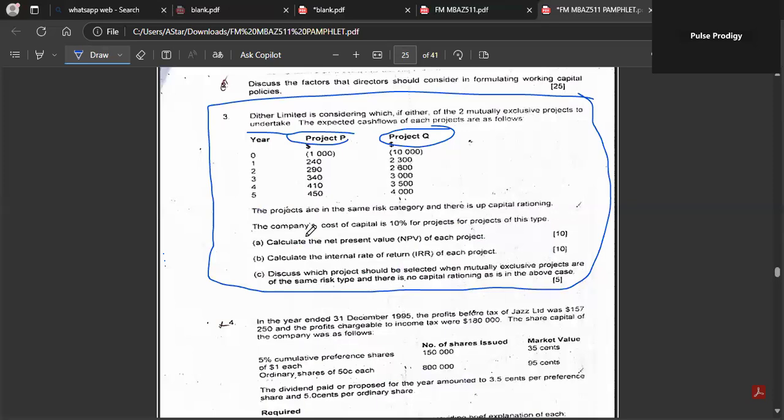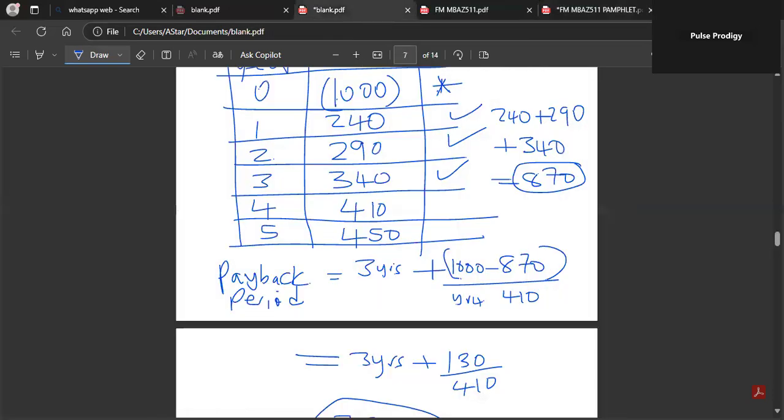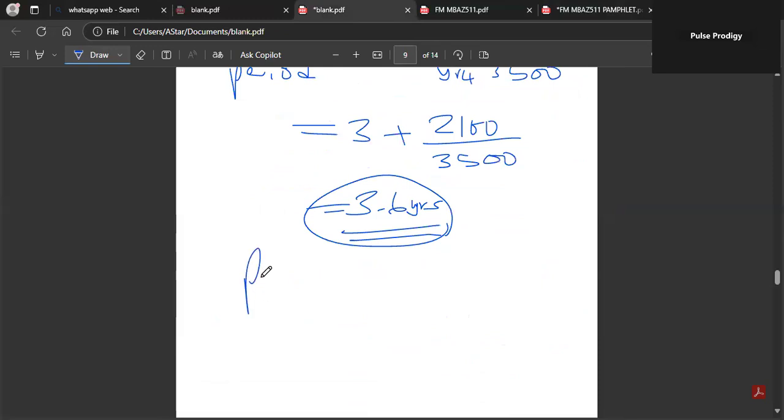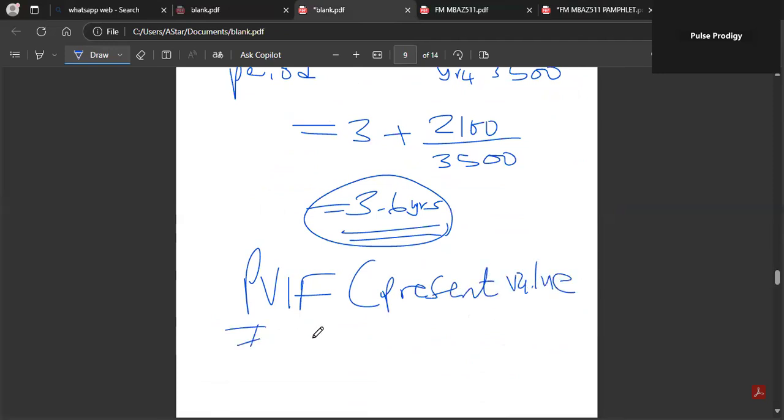They are saying that the cost of capital is 10% for projects of this type. So when they give you the cost of capital, it means that as you find the present values of cash flows, use the present value interest factor table.